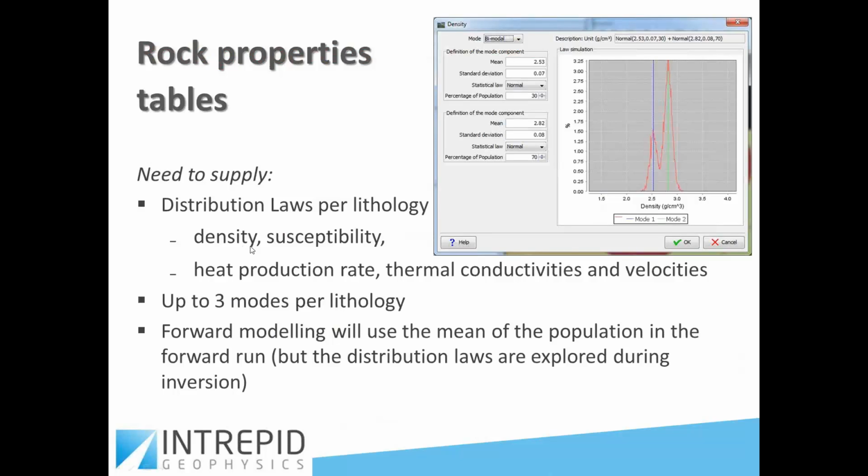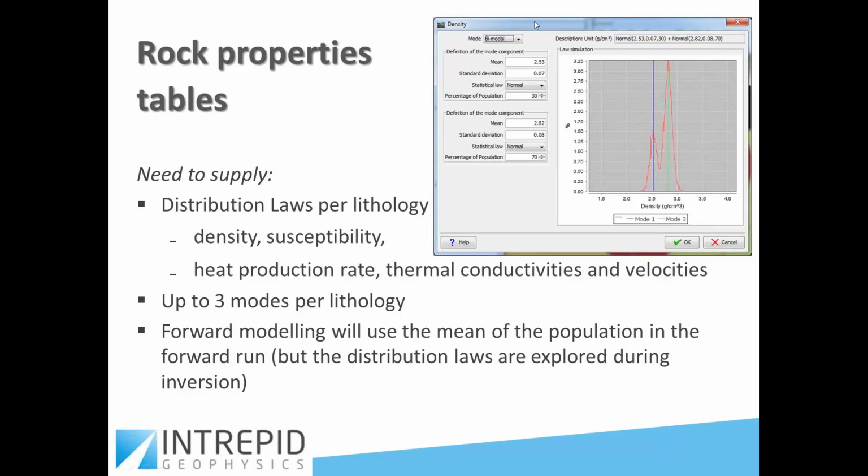If we're modelling gravity, we're concerned with collecting data of density, and in forward modelling magnetics we're concerned with understanding as best as possible the magnetic susceptibilities of the rocks. These other parameters, heat production rate, thermal conductivities and velocities, are concerned with forward modelling in GeoModeller of temperature and of synthetic seismographs, which we'll touch on today.